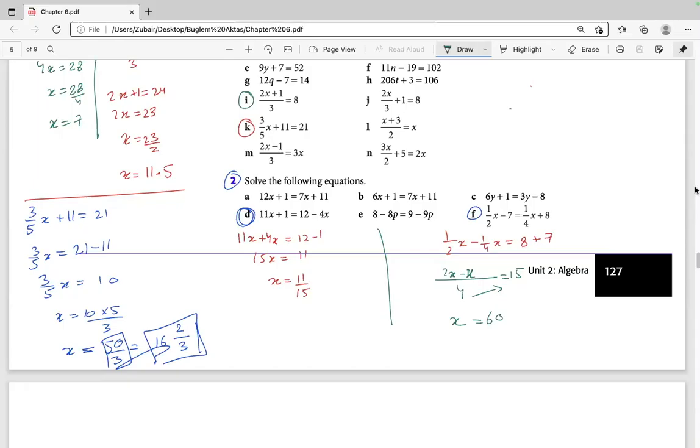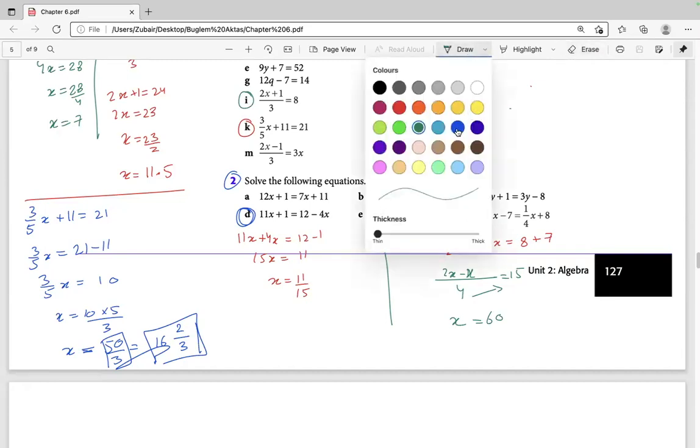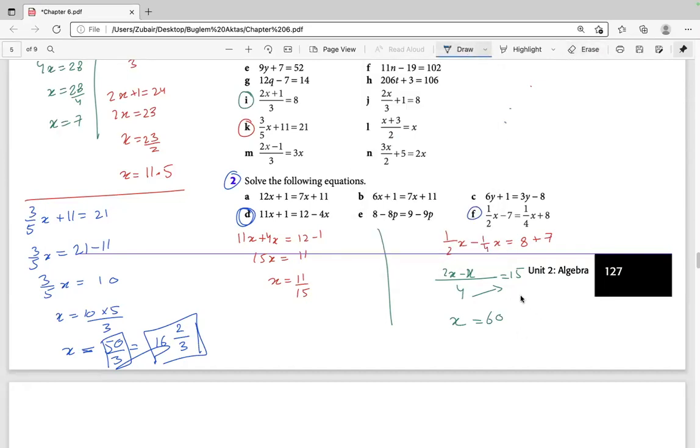And 1 by 2 minus 1 by 4, I get 1 by 4. And that 4 goes on the other side. 60. Can you point out? Wait, I think I missed something else.